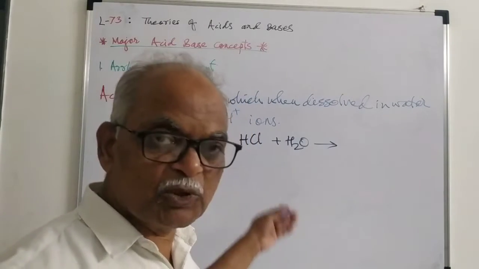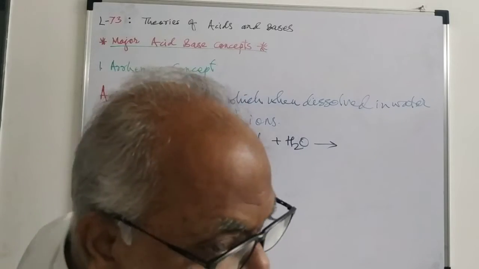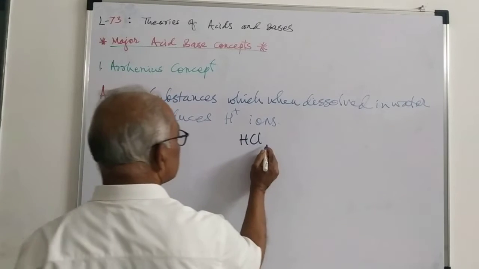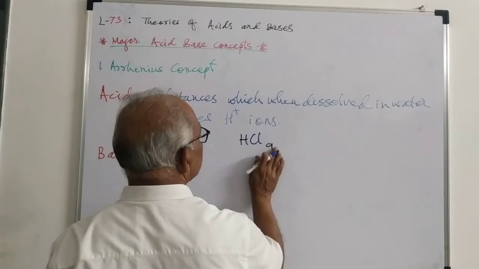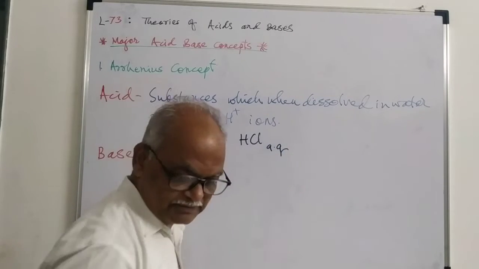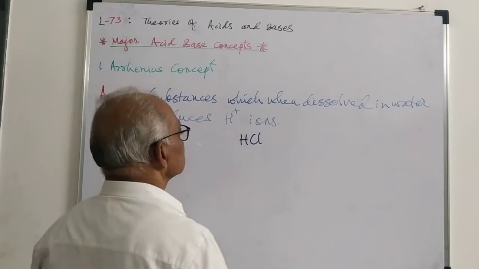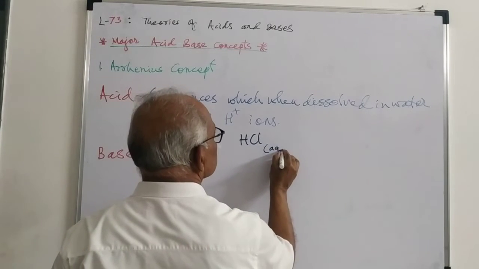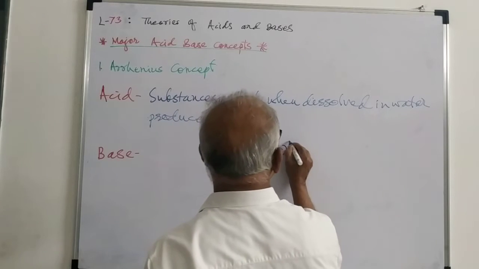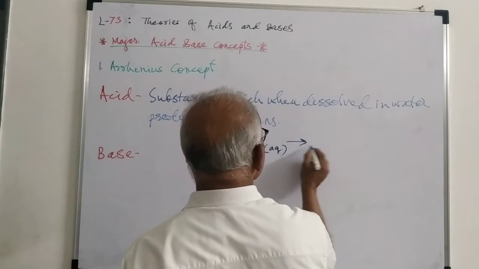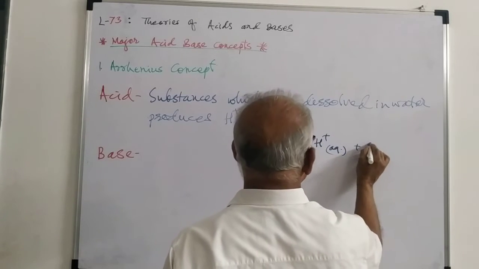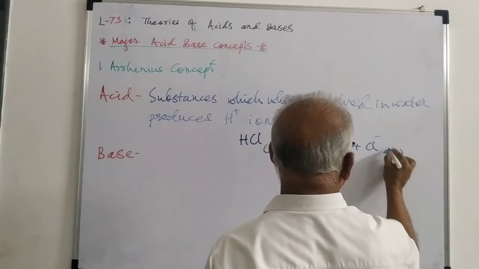There is no need to show the solvent, but this is for our convenience, so instead we can show this as aqueous. When HCl is dissolved in water, it dissociates into H plus aqueous plus Cl minus aqueous.